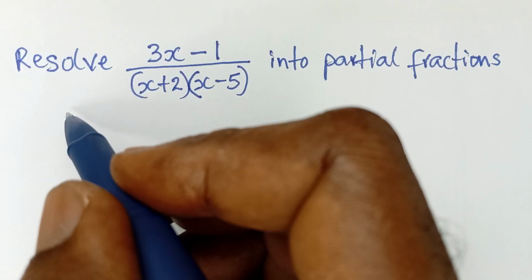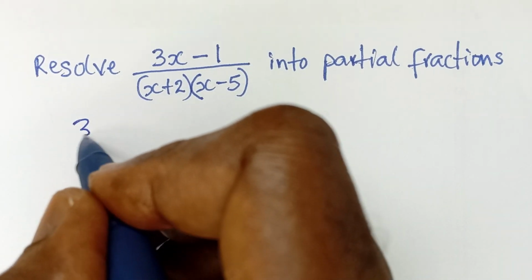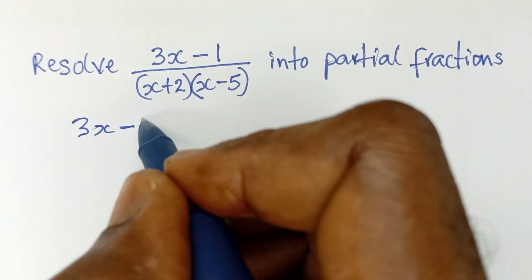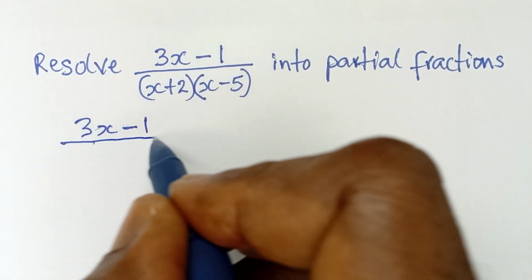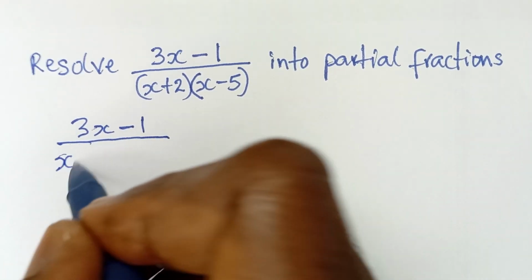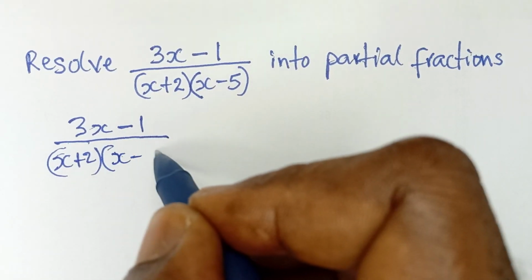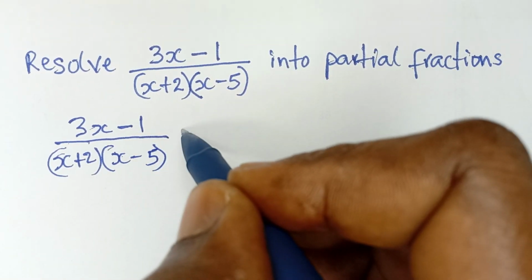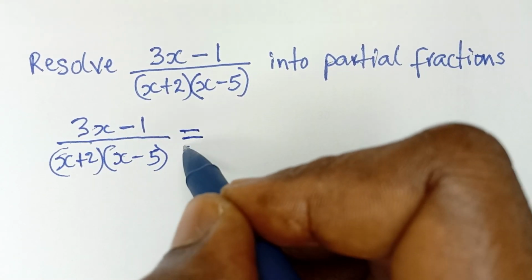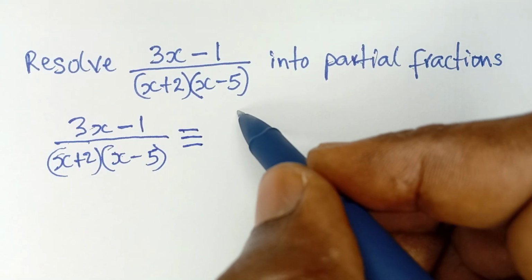That is 3x minus 1 all over x plus 2 and then x minus 5. So it should be equivalent to two fractions.